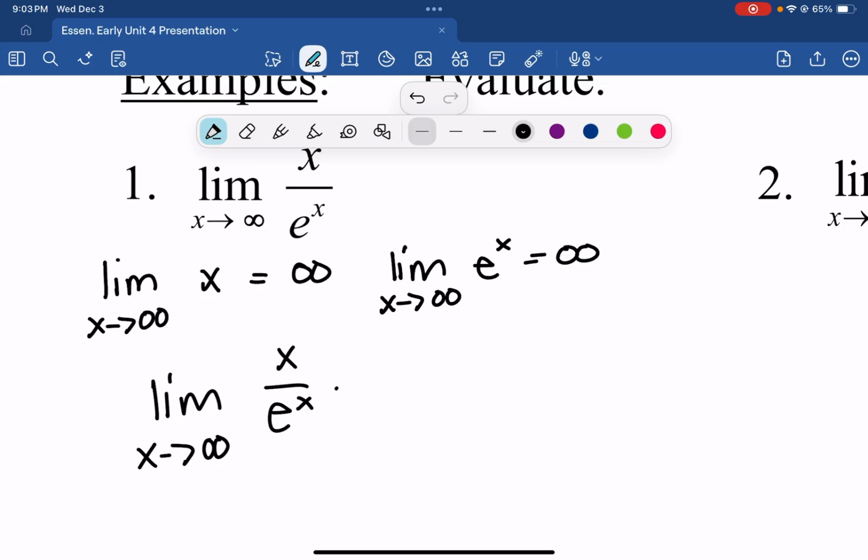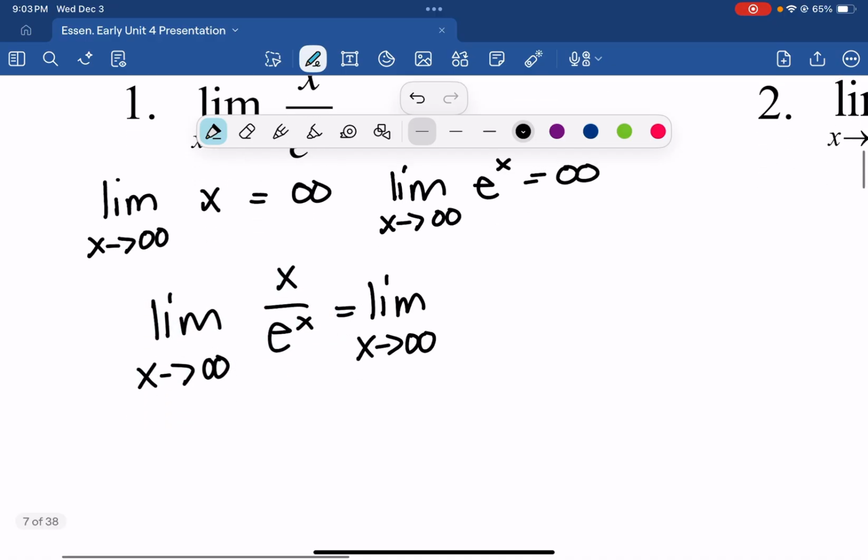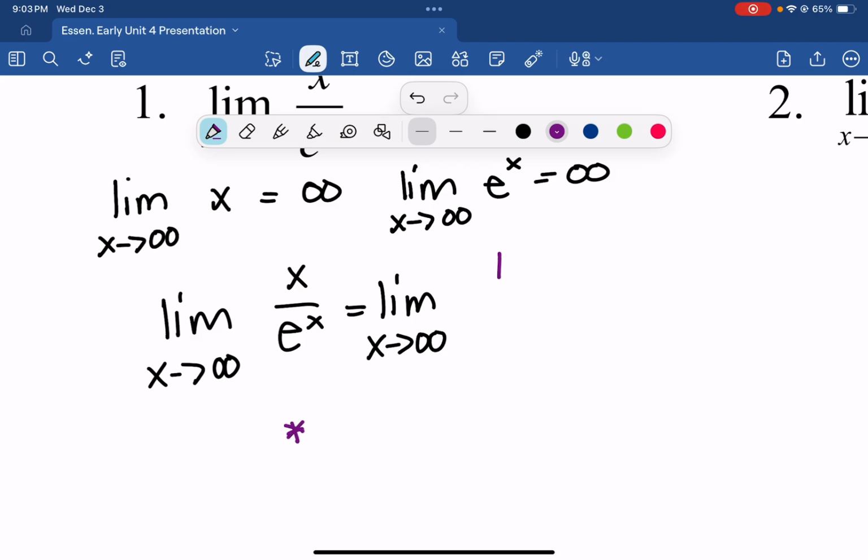So we're rewriting the beginning is equal to, now we're going to do our limit as x approaches infinity, and we're going to take the derivatives here. Okay, so the derivative of x is 1. Make a little note here: d/dx of x equals 1, okay, over, and then our derivative of e to the x is still e to the x.